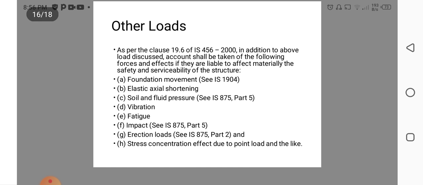Other loads are given as per clause 19.6 of IS 456 2000. In addition to the loads discussed above, some of the forces we are talking about are foundation movement, elastic axial shortening, soil and fluid pressure, vibration, fatigue, impact, erection load, stress concentration effect due to point load, and the like.